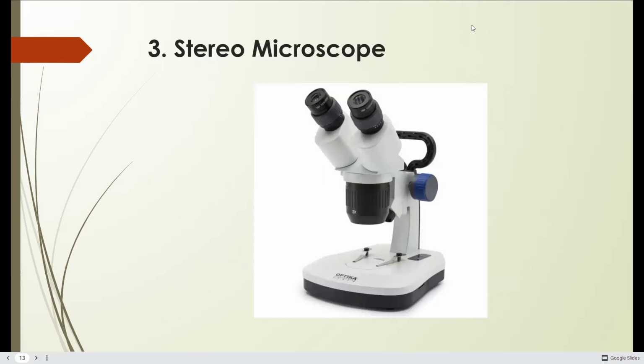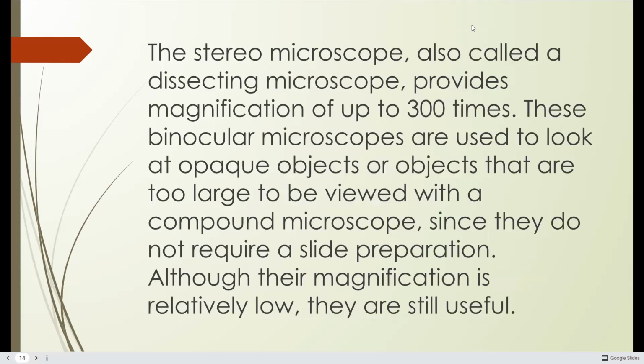The third type is the stereo microscope. What's a stereo microscope? The stereo microscope is also called a dissecting microscope. I usually use it to dissect organisms, whether they are small or not. Of course, they are still visible to the naked eye, but again, small.